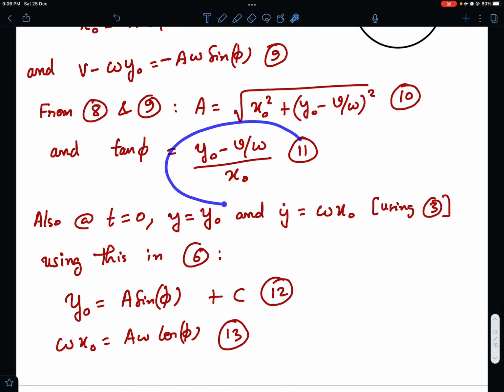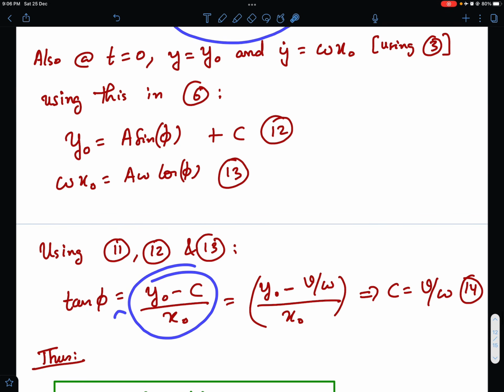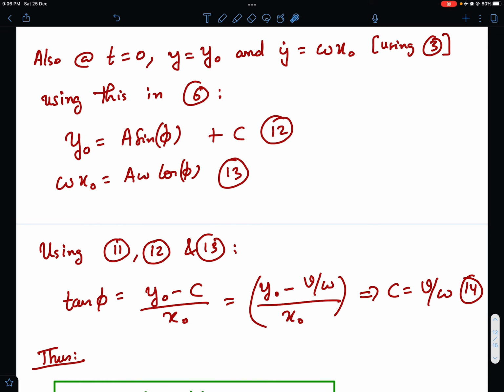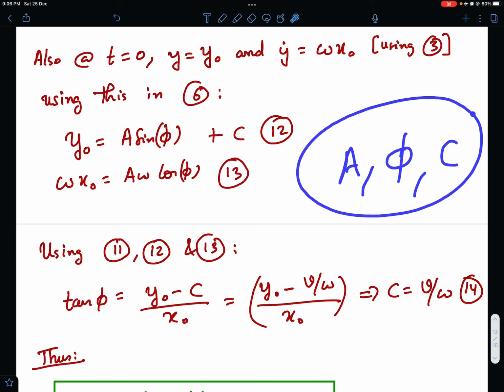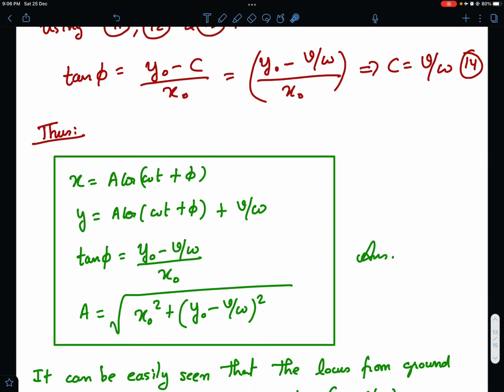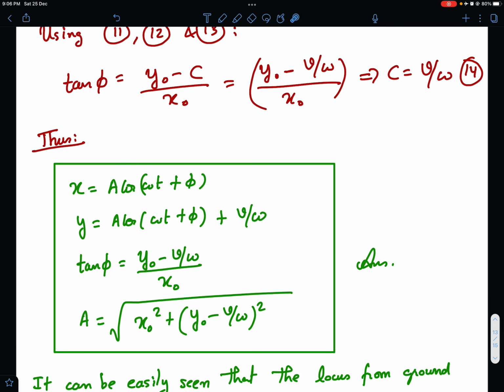And this tan phi is also equal to y naught minus v by omega divided by x naught. And if you compare these two expressions, you straight away get the value of c as v by omega, right? So I worked out a, I worked out phi, and I worked out c. So everything is known and the complete motion is worked out. So just we'll write the answer in the final form.